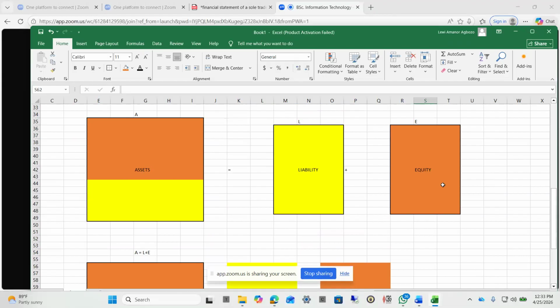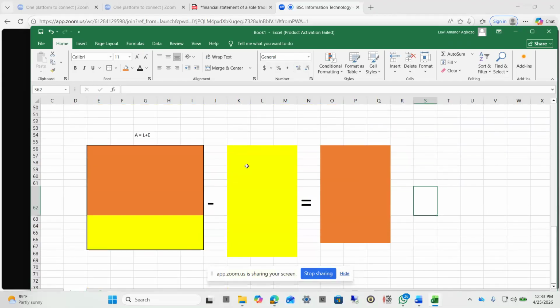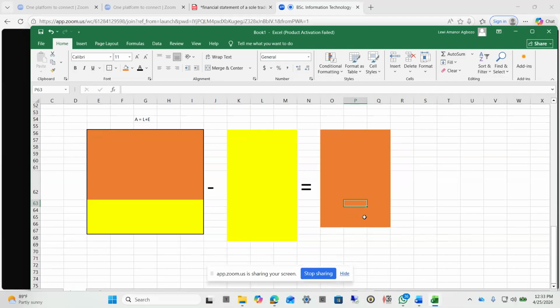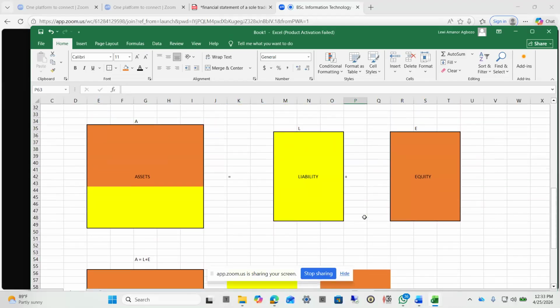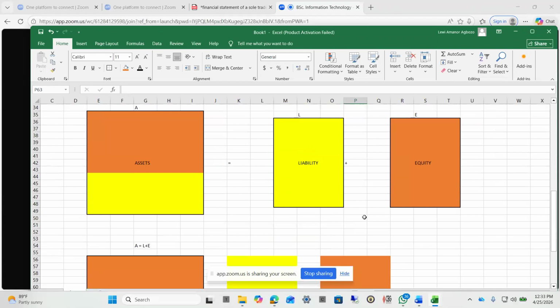So now, if you have your assets and you know the money you owe people, then you can get the money you brought in. Any of these, when you change it, you can get the other one. Is that okay? It's just an equation you can manipulate.